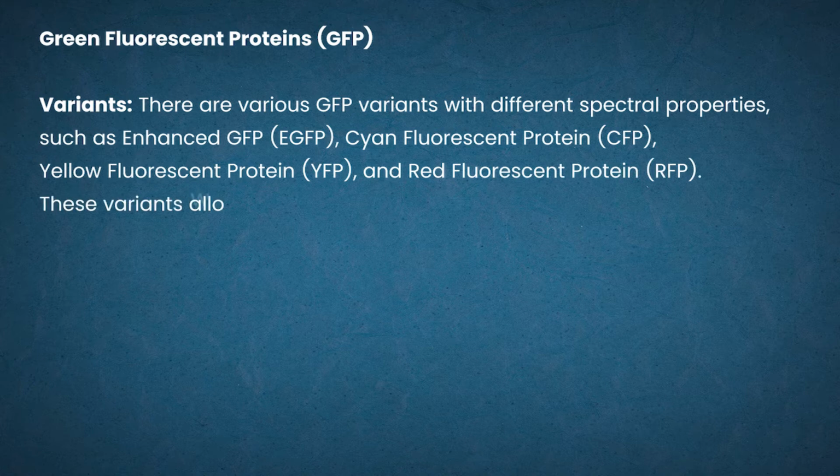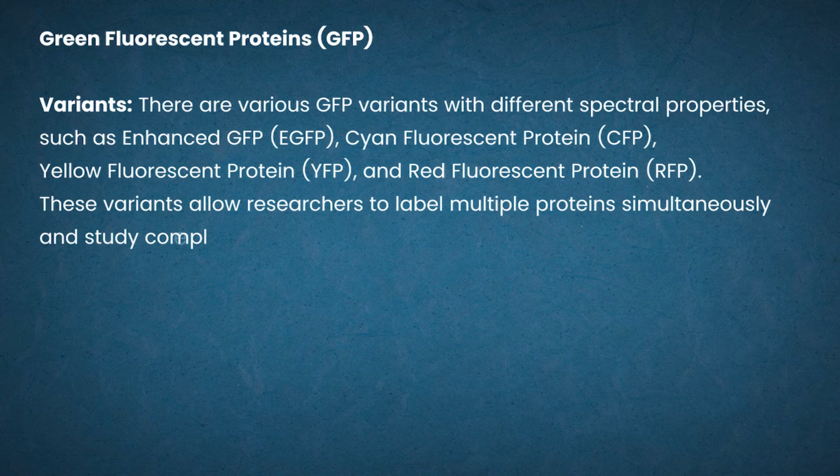These variants allow researchers to label multiple proteins simultaneously and study complex biological processes. For example, all these variants can be used together to tag different proteins or different genes, so that when they are expressed together, different fluorescent colors will show the localization of the protein or the expression of the gene.